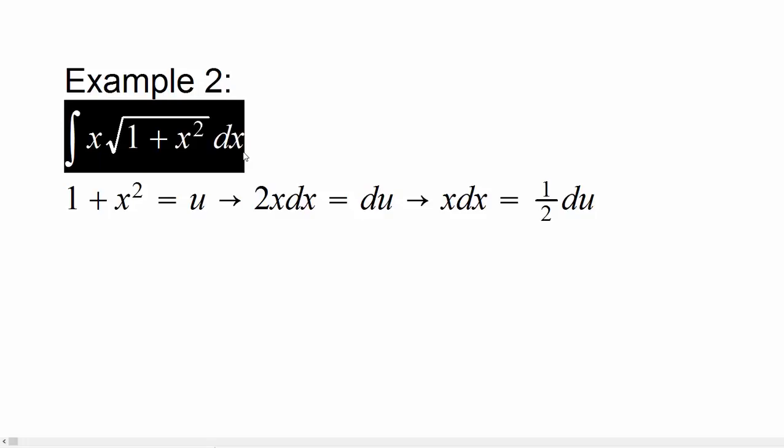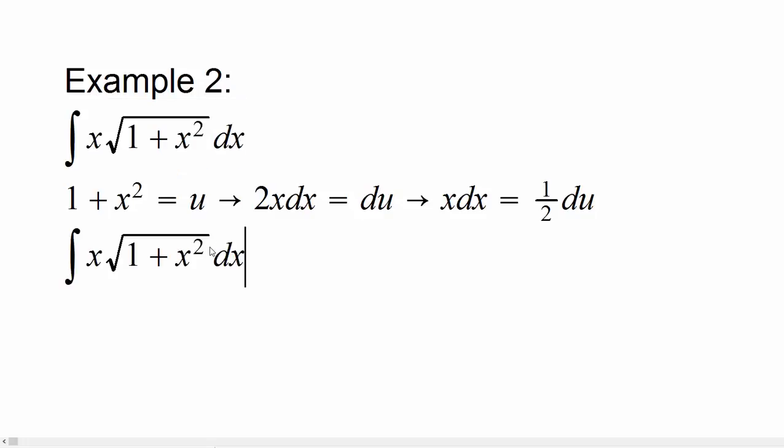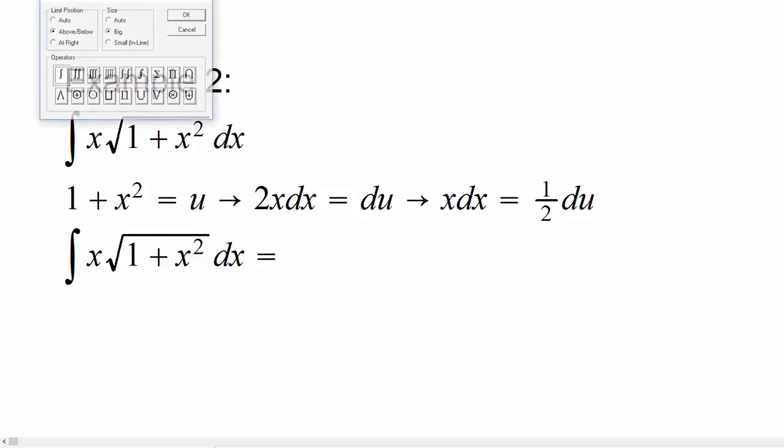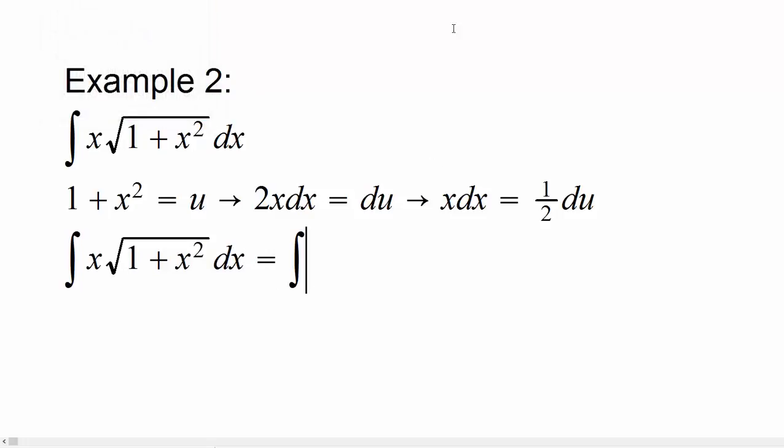So when we are writing it in terms of u, this will be square root of u for x dx. I mean, I could have brought this x over here, but you're all mature enough to see that. Okay, so that will be 1/2 du.